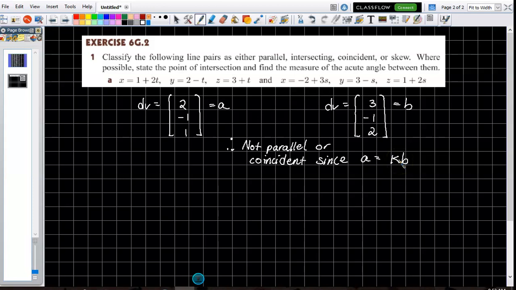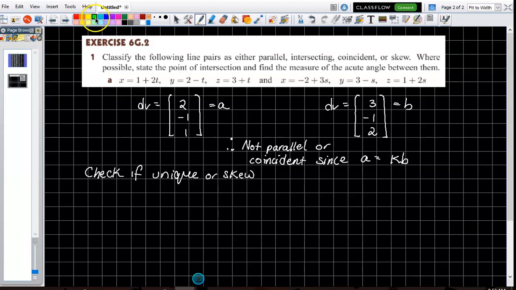So what we now have to do is check if unique or skew.